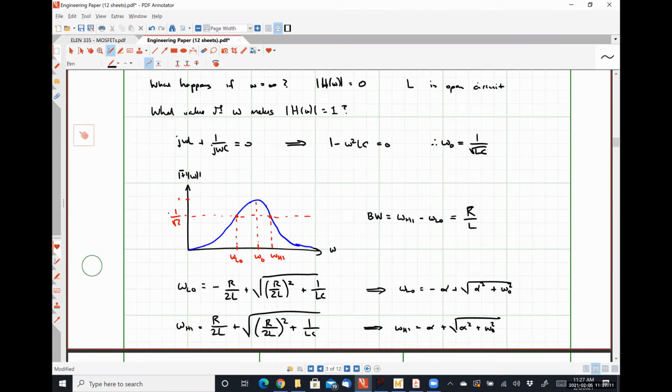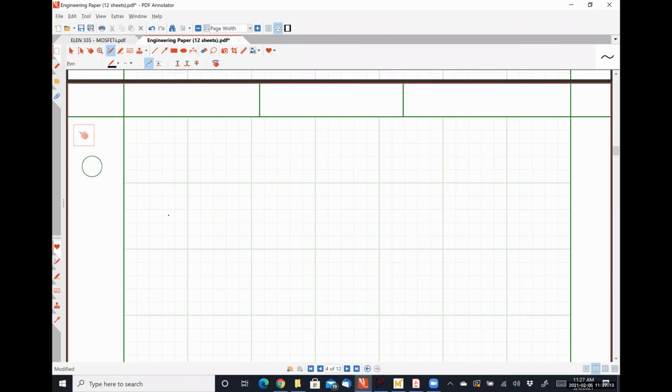So the last thing that we have to talk about for this bandpass filter is our phase response. Theta as a function of omega is the arctangent of the imaginary part. Let's scroll up here.